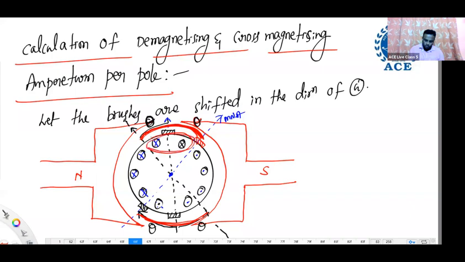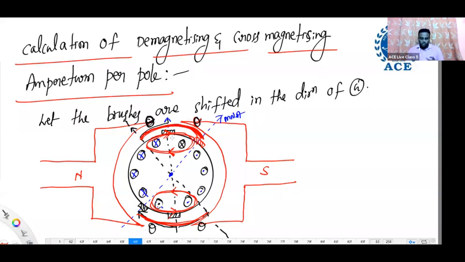Similarly, for these two conductors at the bottom, current is outside, dot, so the flux is anti-clockwise.